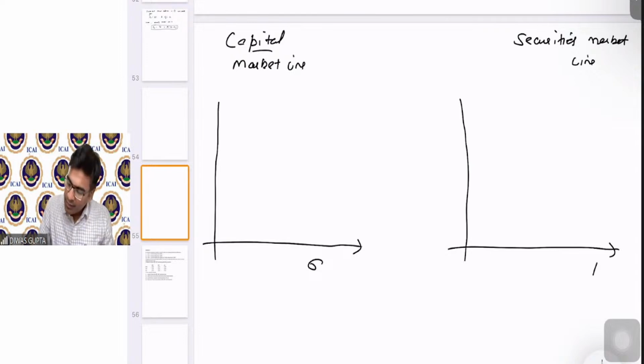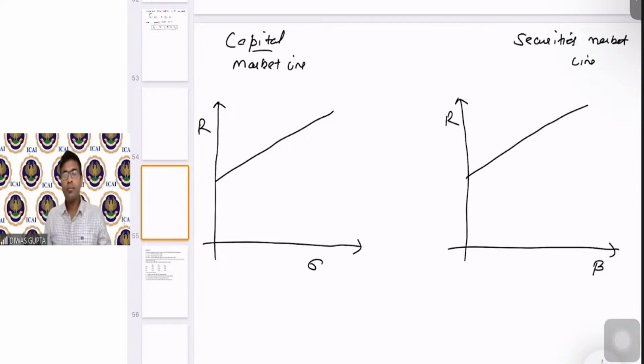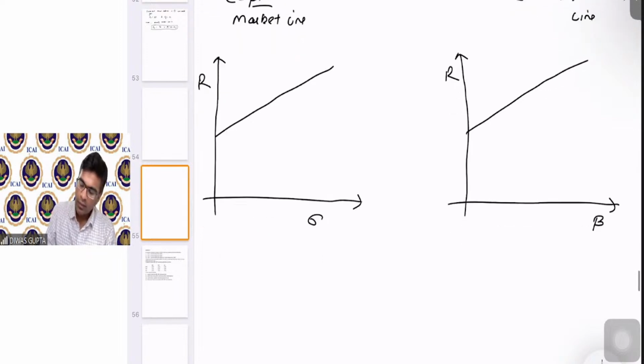And in this case, there is beta. The y-axis is actually return here also and here also. And as we know, the line is simply like this, correct? So the line, there is no issue as such. The point where it intersects here is RF. Again, here it is also RF.